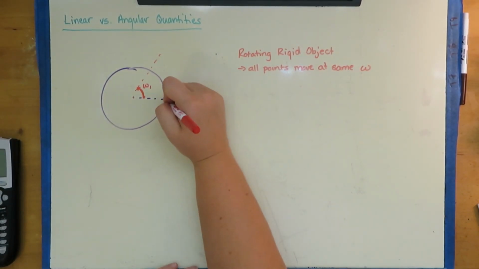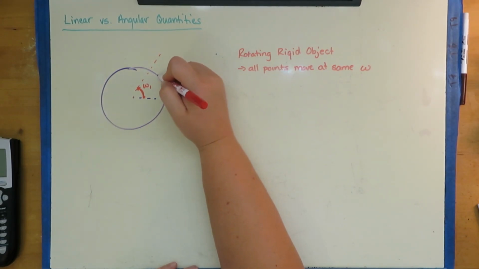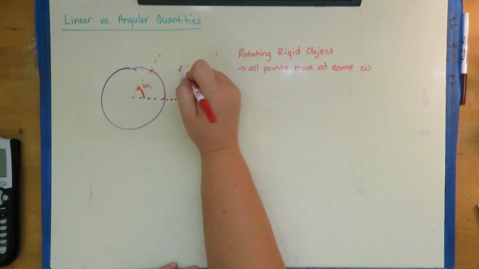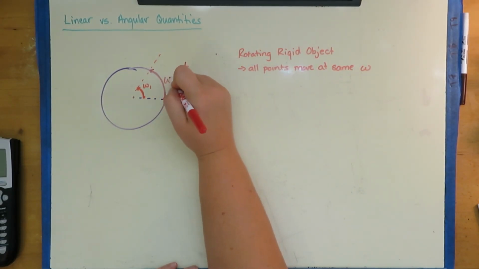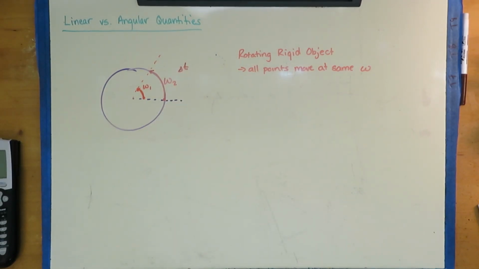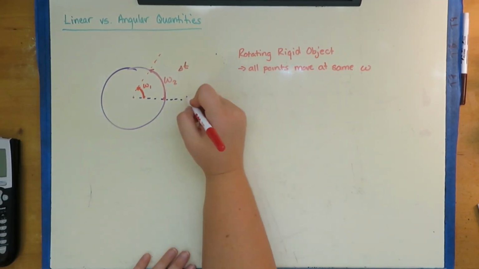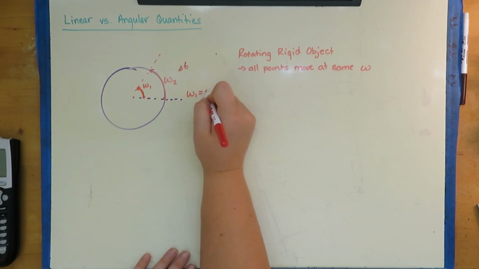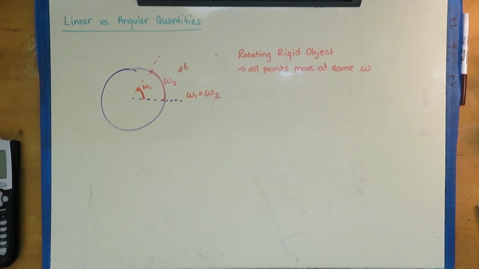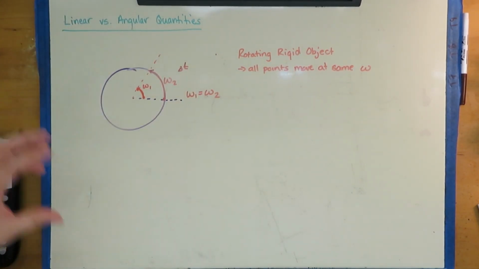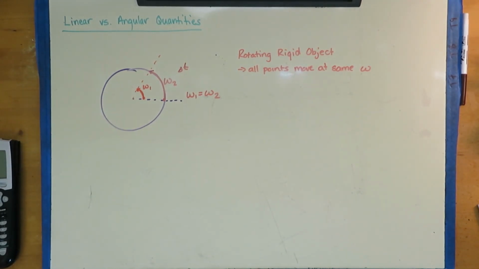If I look at a point here on the rim, it's going to move through that same position. It's going to take the same amount of time for both. And what you're going to end up with is that omega 1 is equal to omega 2. And that could be true for all points on this rotating rigid object.